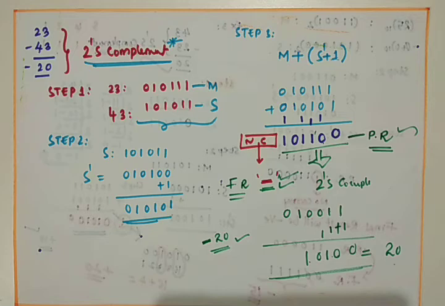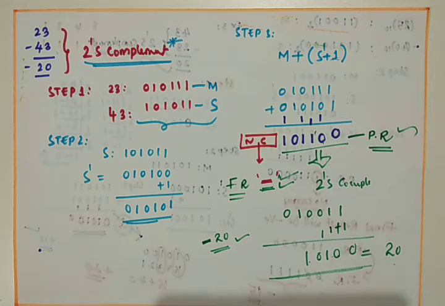And if there is no carry in the primary result, we should understand that the final result will be the negative one. To get the final result, if it is using the 1's complement, we have to perform the 1's complement operation on the primary result, so that we will get the final answer.